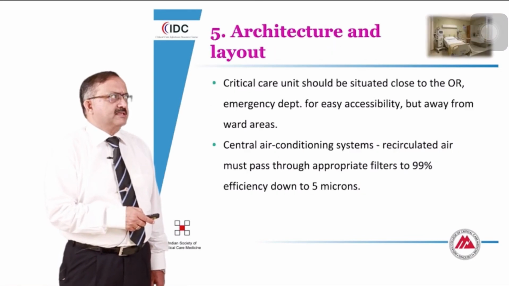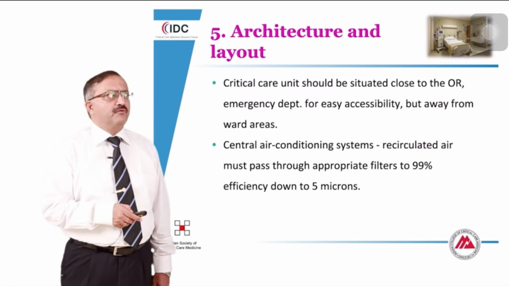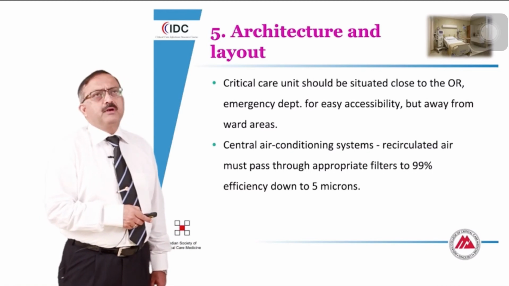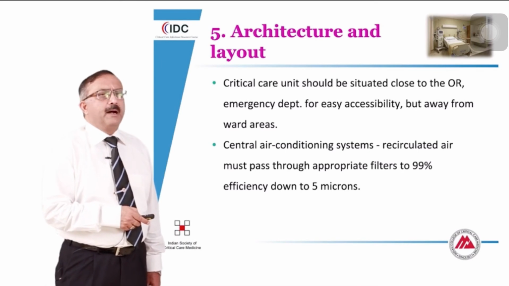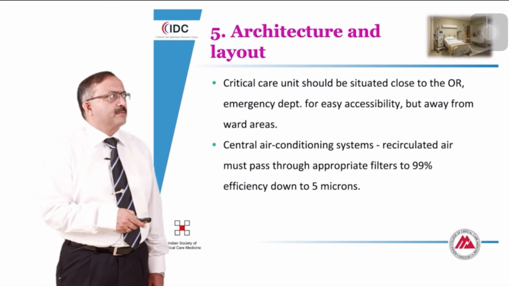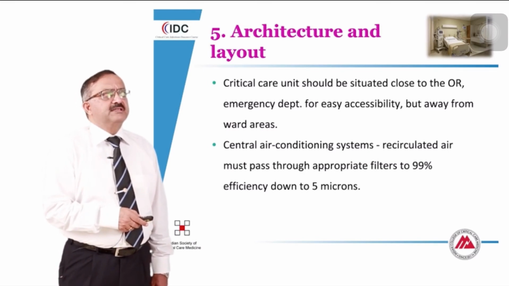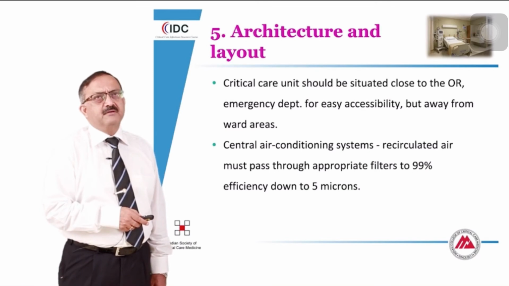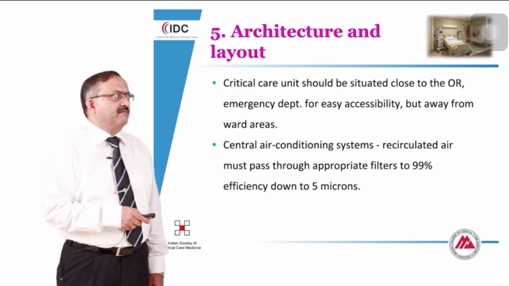Architecture and layout of the ICU is also very important. The ICU critical care unit should be located close to the operating room and emergency department for easy accessibility but away from the ward areas. Central air conditioning system with 99% efficiency and HEPA filters should be used to prevent any airborne transmission from the environment.